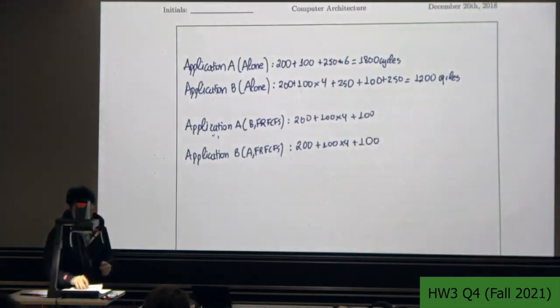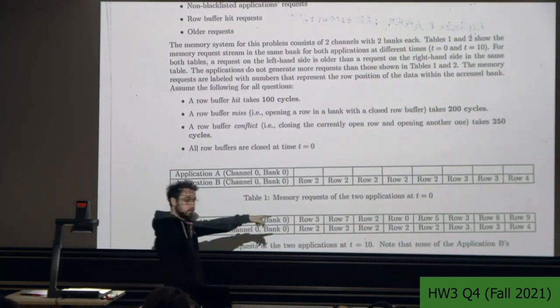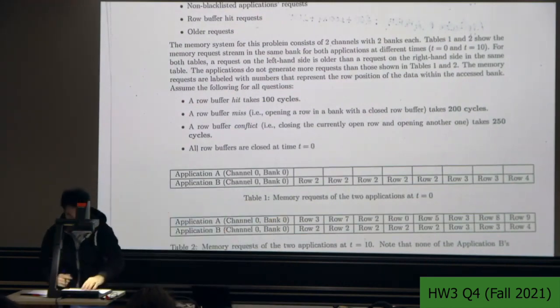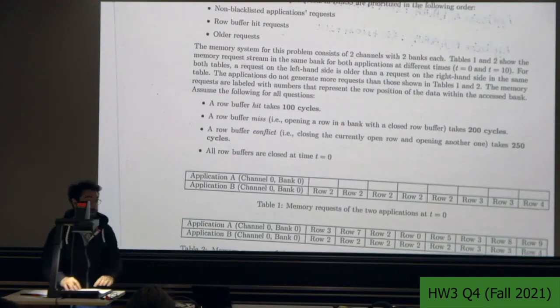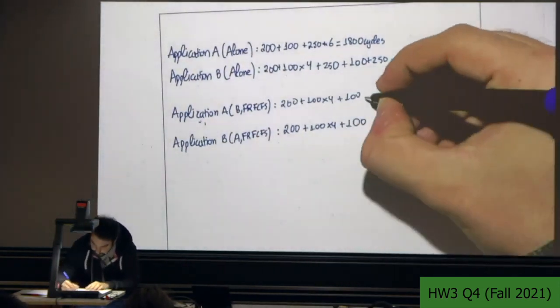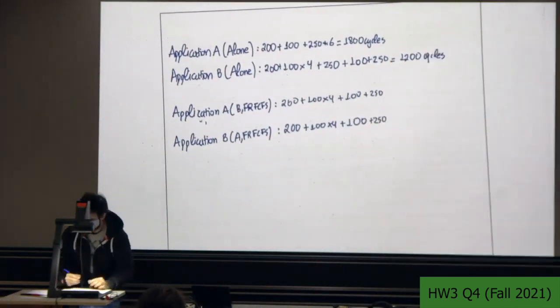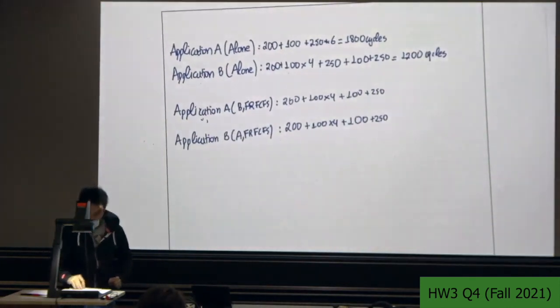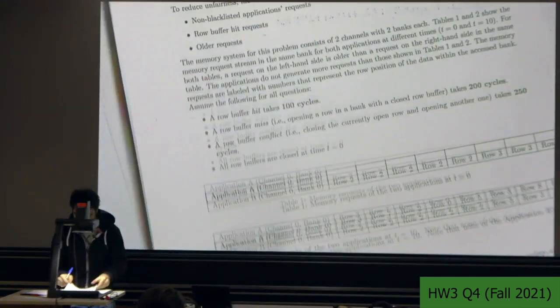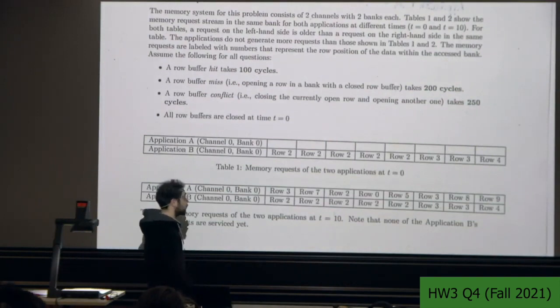Then, as we see here, we need to open row 3, right? Because application B is older, so we need to open row 3. And we don't have any other ready request. So we need to pay a latency of 250. Okay. Then we need to service a request from application B, right?